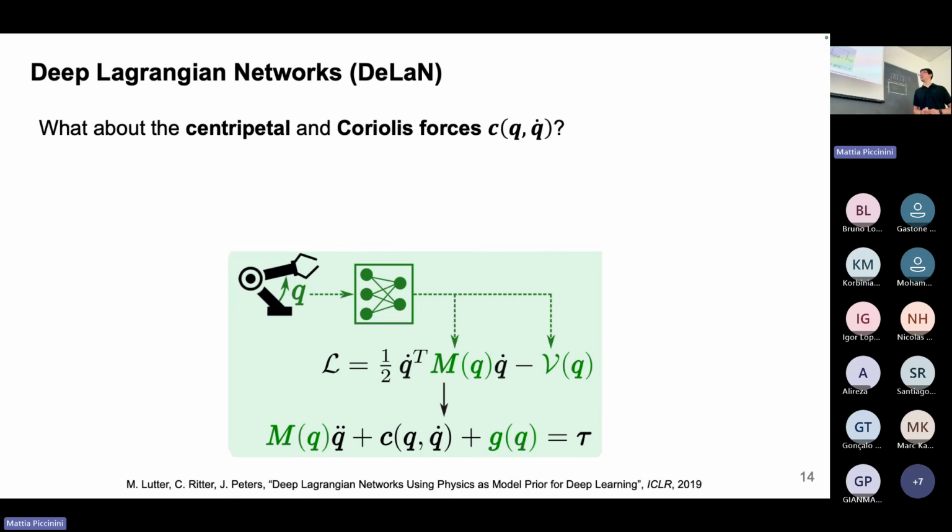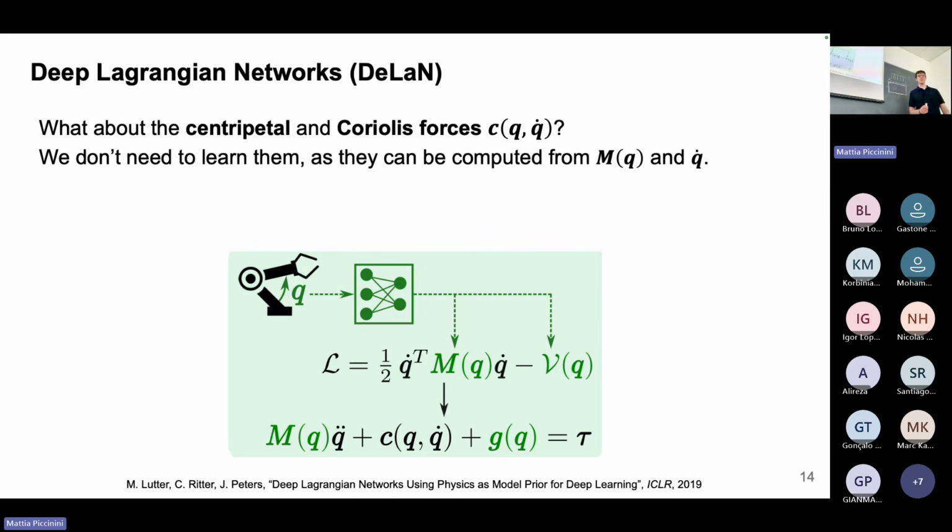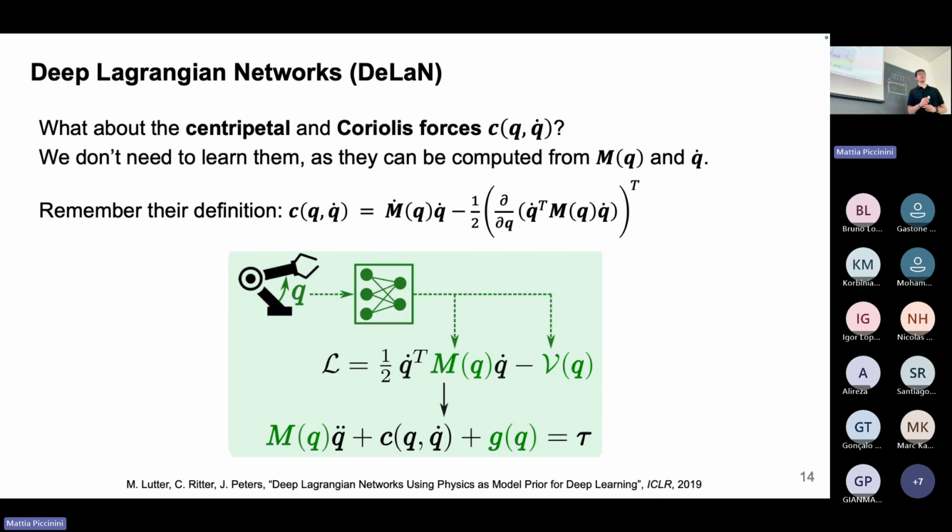Now you may ask, why don't we learn also C? Because this is another component. But if you remember the definition of C that we gave a couple of slides before, you can compute C as a function of the mass matrix and the generalized coordinates. So once you have an expression for M, you plug it in, take the derivative, and you have C for free.